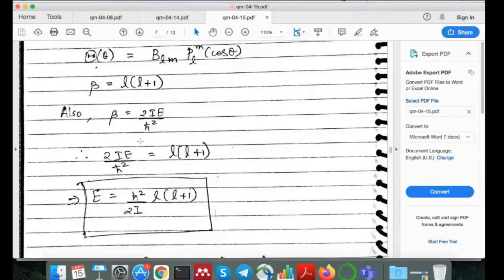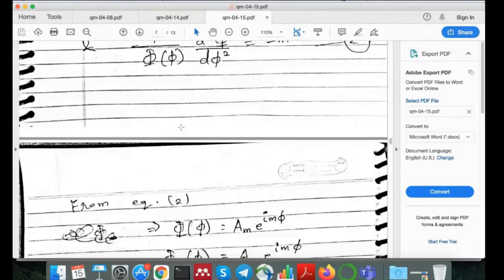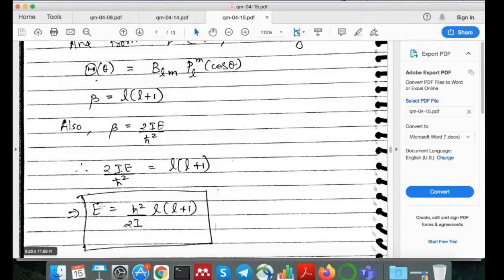And we have also taken beta equal to 2IE by h cross square. So if we now equate these two, you will get E is equal to h cross square by 2I into L into L plus 1. This is an important equation. This tells you the energy of the rigid rotator.